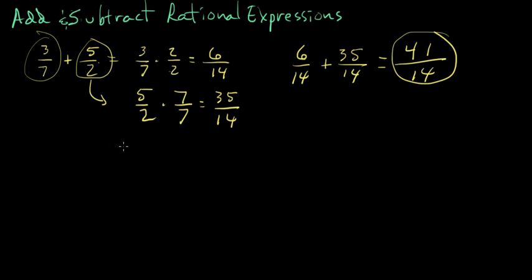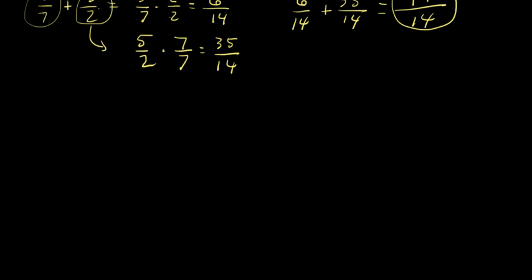Well, it's not too much different, except it's a little more complicated when you add and subtract rational expressions. Let's try a simple one. Suppose you have 2x over x plus 3, and you're adding 5 over x plus 3.